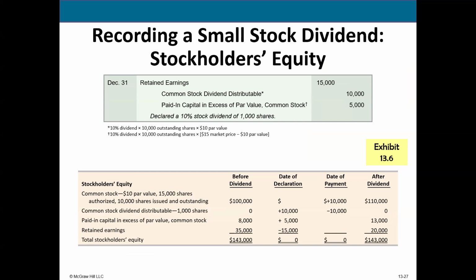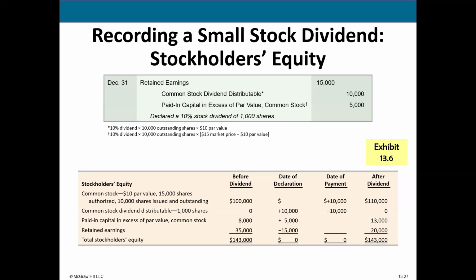Just to show you what it looks like: before the stock dividend, we had a total stockholders' equity of $143,000. When we made the declaration, we added in 10,000 to the stock distributable, we added in 5,000 paid in excess of par, and we subtracted out 15,000 from retained earnings, which gets us a net zero.